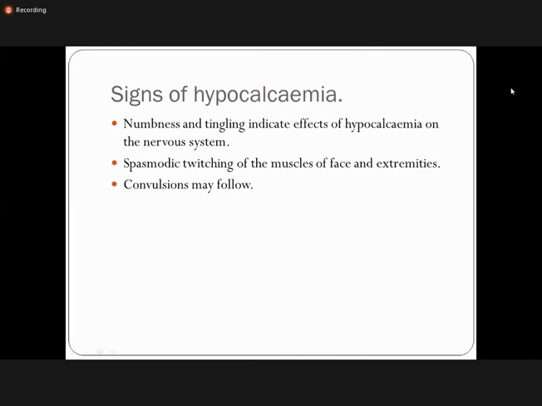What happens in the body when there's low serum calcium? Yes, Osama, you can say it. Okay, so no one's interested, I guess.